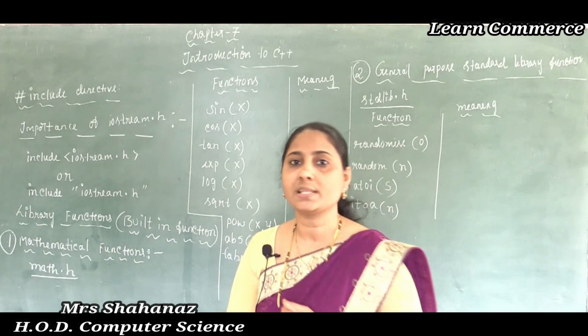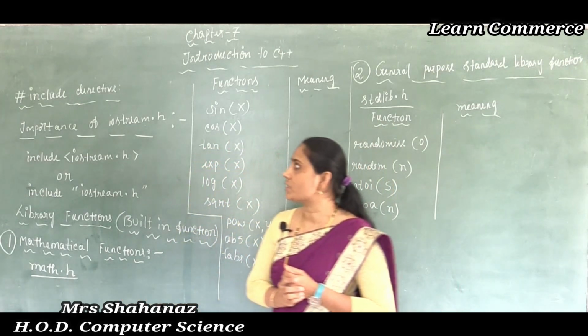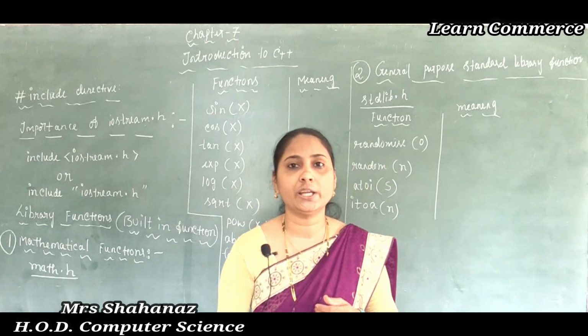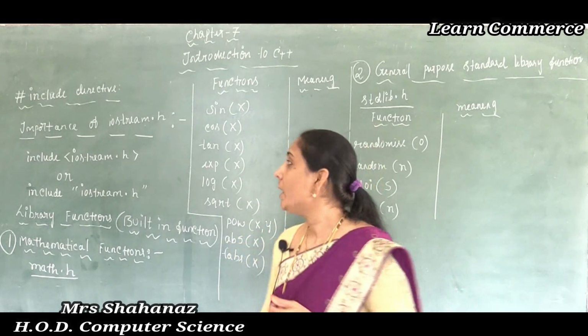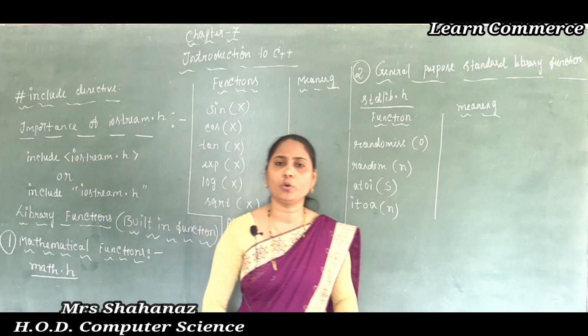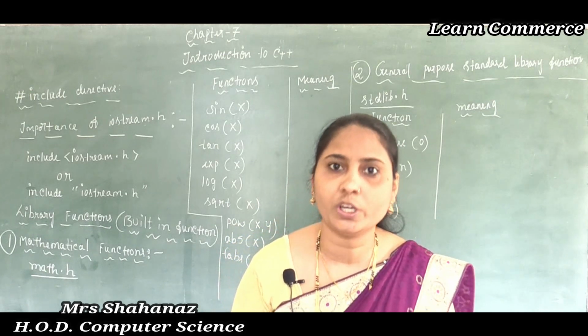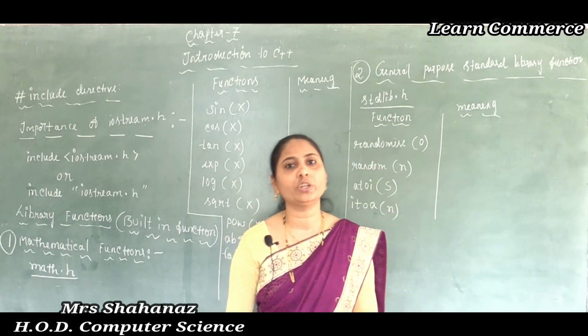Now, in today's class we are going to learn an important concept, the hash include directives. Now what about the hash include directive? As we know, the preprocessor directive is called the hash include directive.